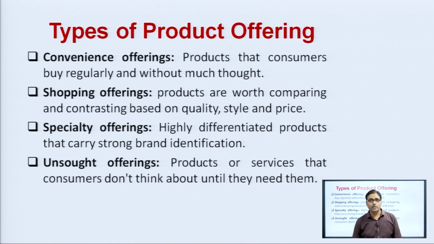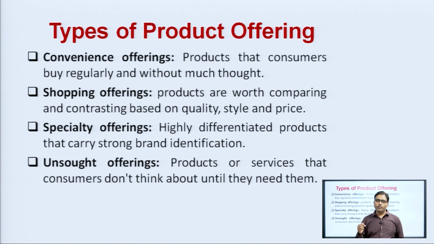Again, there is the last type of offering, which is called the unsought offering. Unsought offerings are, you can say, just imagine that you do not have the requirement for certain things, but at random you think that if you could have one wristwatch, then it will be easier for you to carry out all those works in a proper manner at proper time.